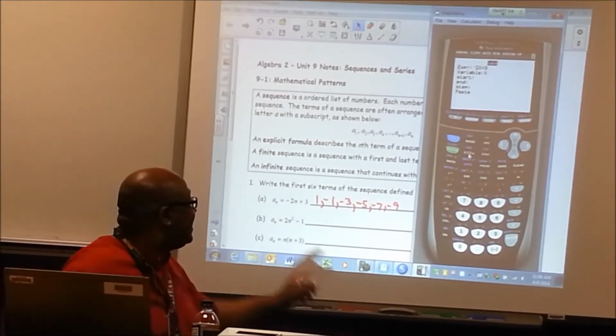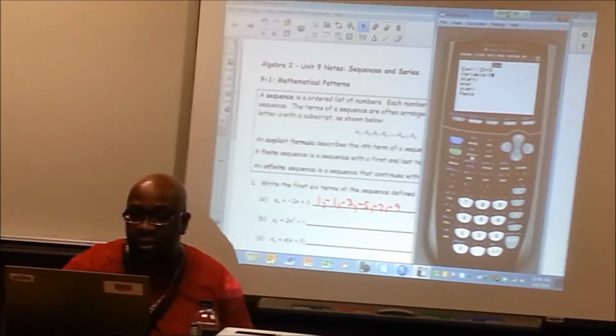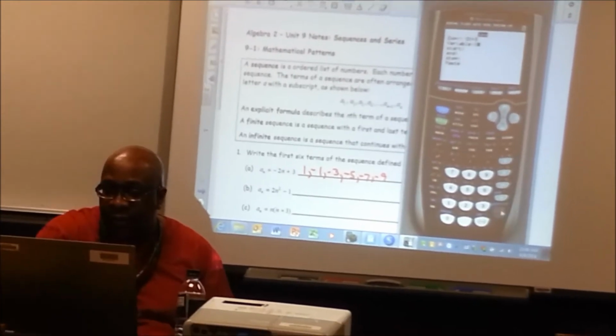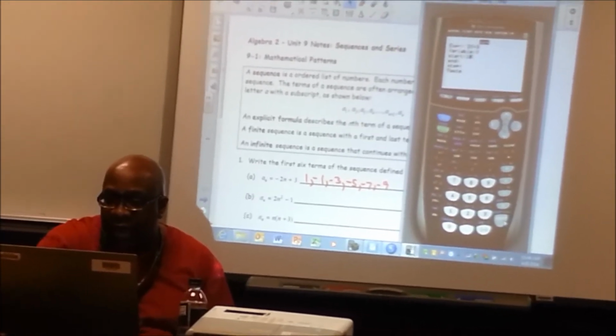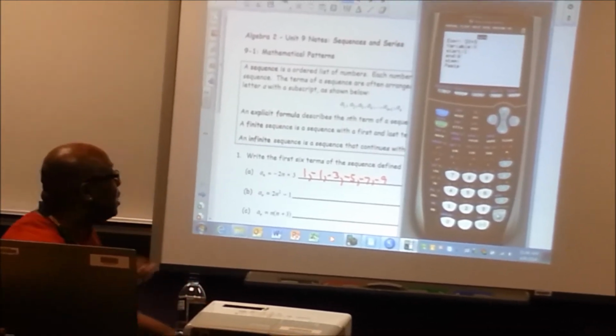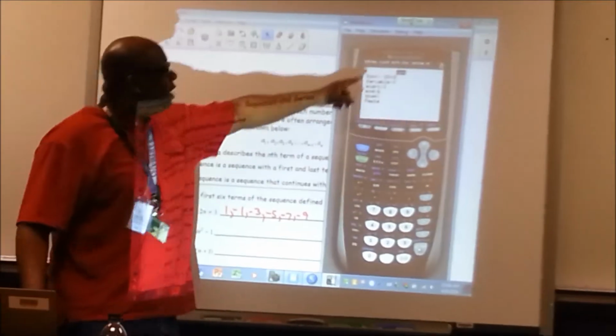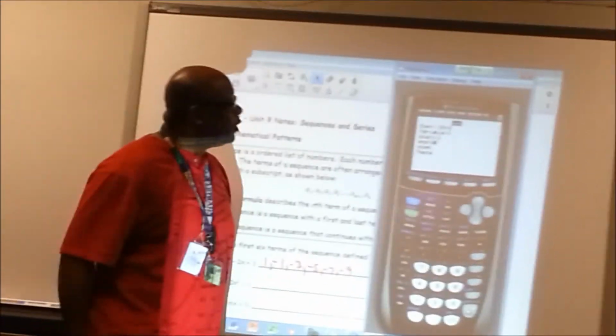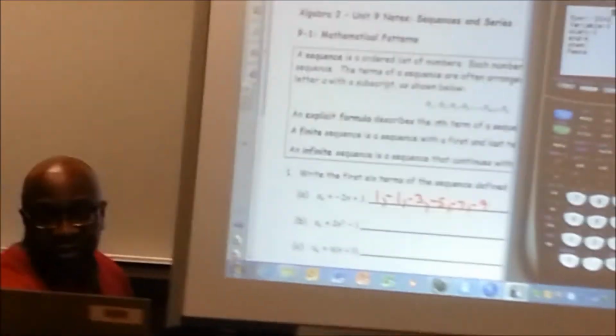Since we want the first 6 terms of the sequence, we're going to start at 1 and we're going to end at 6. So what we're telling the calculator is we want the first 6 terms of the sequence negative 2x plus 3 using the variable x.